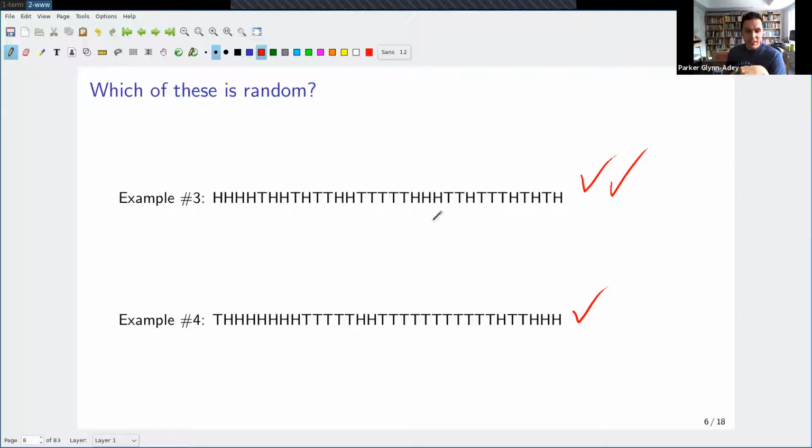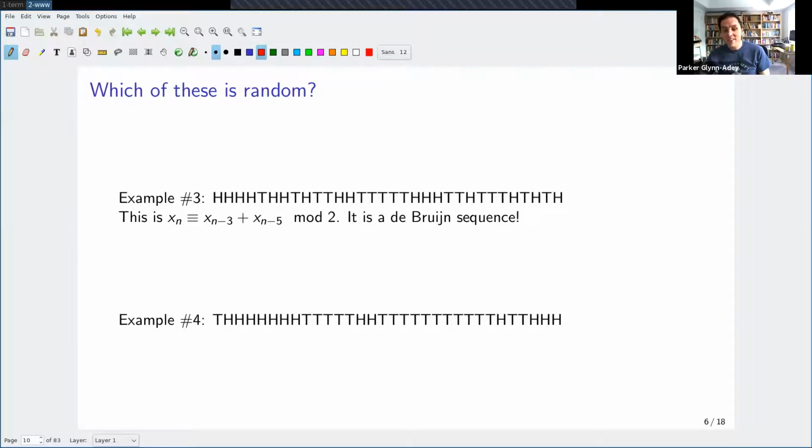Too many T's. Okay, so check it out. Here's something kind of weird. This one also has a nice formula. In fact, it's a De Bruijn sequence.